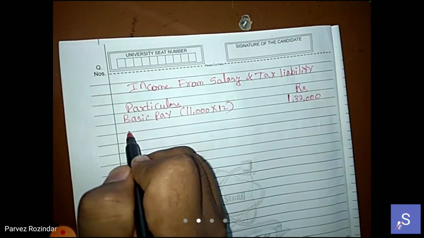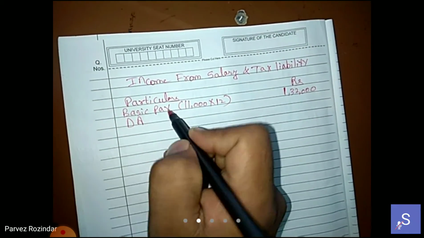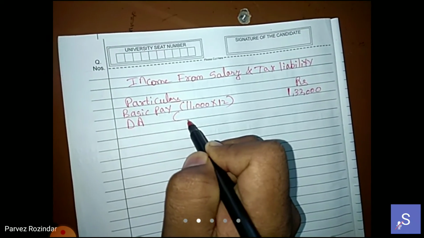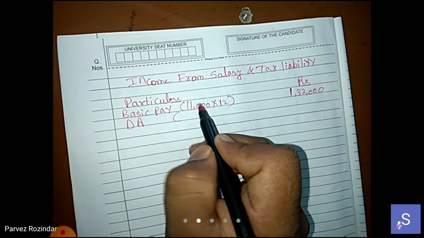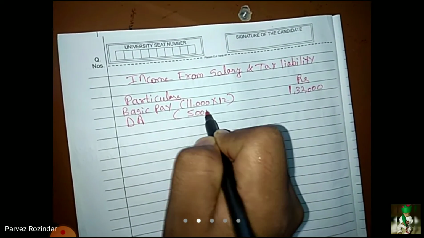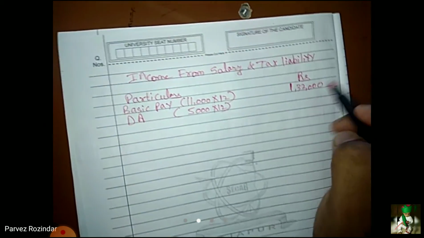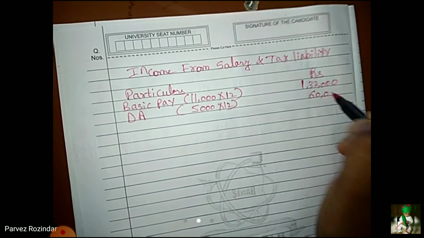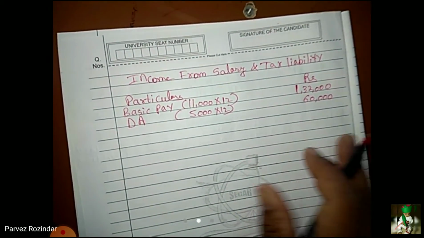Then next, dearness allowance. It is 5,000 per month into 12 months, so it is 60,000.